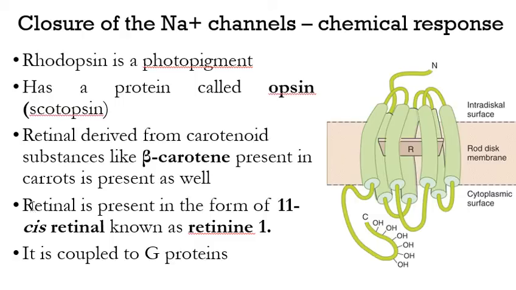Now, what we have here is retinal, derived from the carotenoid substances like beta carotene. Hence, that's why you're told to eat lots of carrots. Okay, so retinal is present in the form of 11-cis retinal, known as retinene 1.